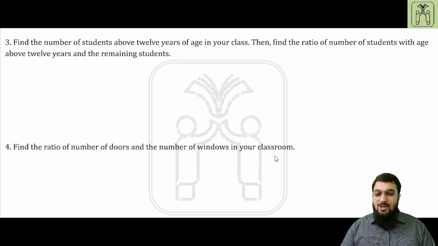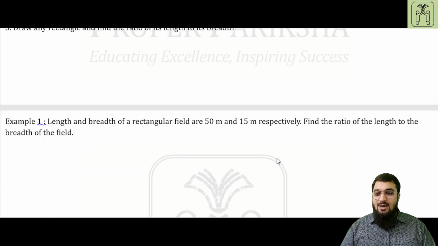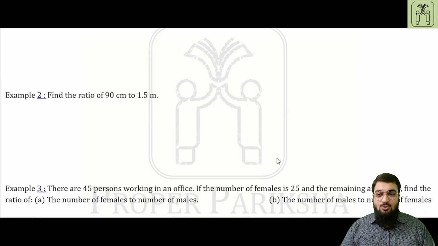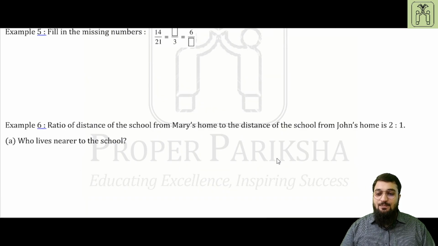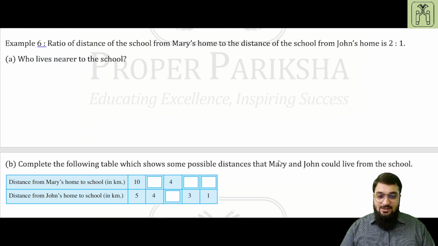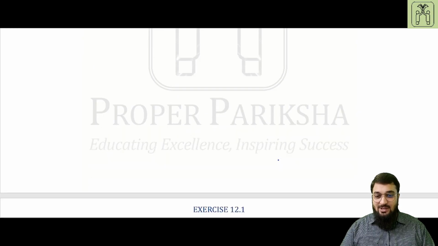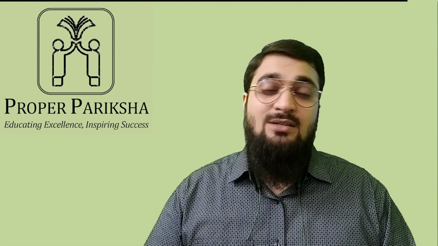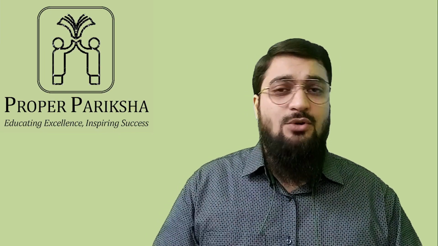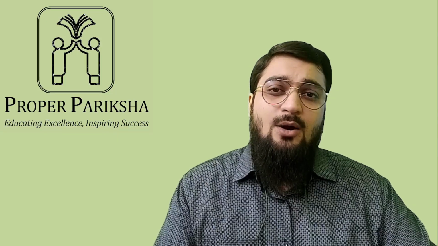And in the next video, we'll be starting certain other examples. And after that, we'll start some more examples in another video. And finally, we'll be reaching the exercise of chapter 12, the very first exercise, which is 12.1. So I hope that this much explanation is sufficient for the introduction of ratio and proportions, and how we find out ratios.